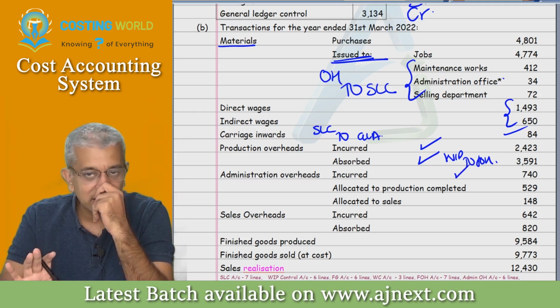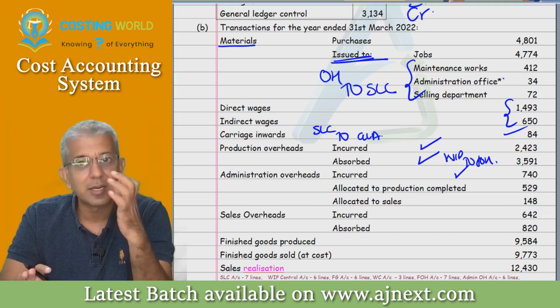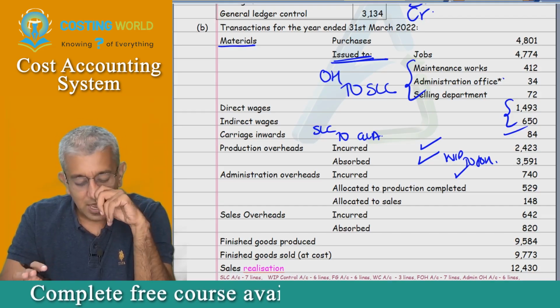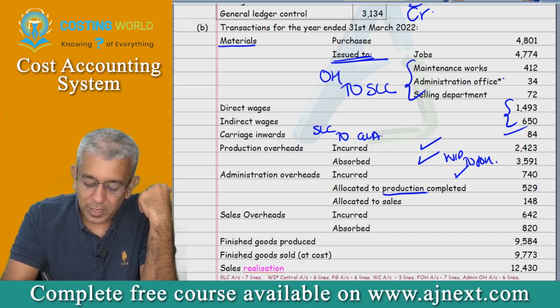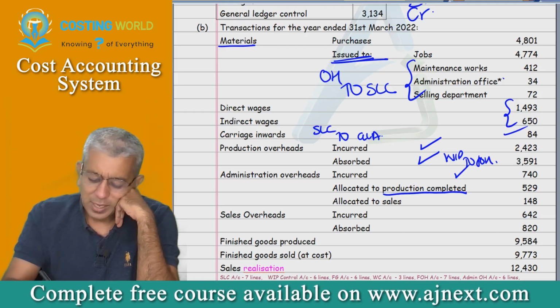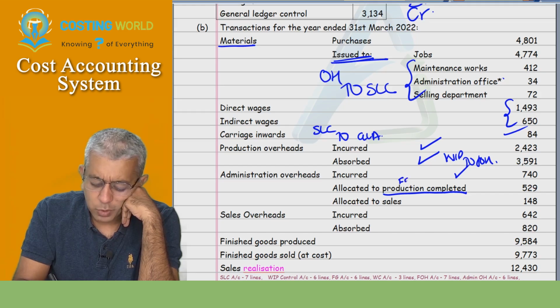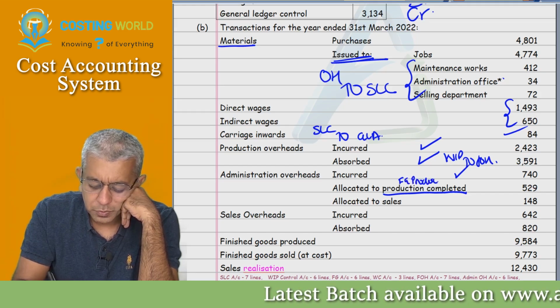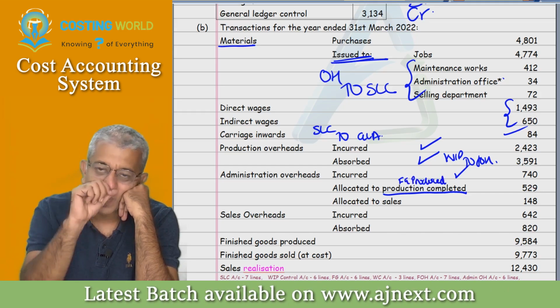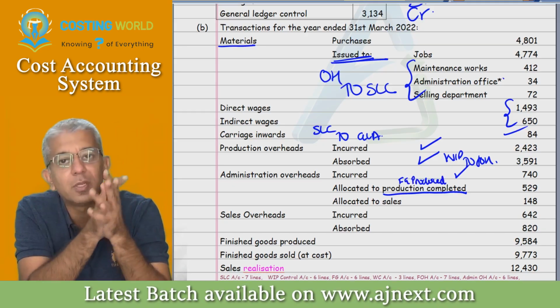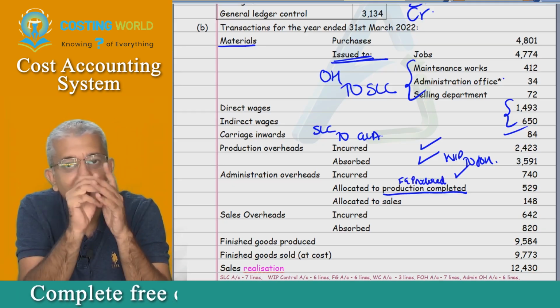Now see, the next line gives you something that is very important. Administration overheads allocated to production completed. Can you say production completed should mean finished goods produced, no? Yes. Okay.